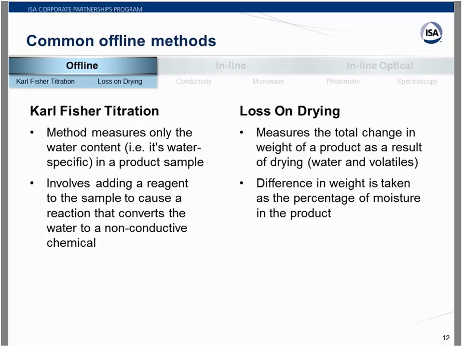Once again, water is difficult to separate from a sample. An example of that is measuring moisture in chocolate. You chop up the chocolate, and even if you chop it up very finely, moisture does not leave the matrix of the chocolate easily, and it takes a long time to make this measurement.